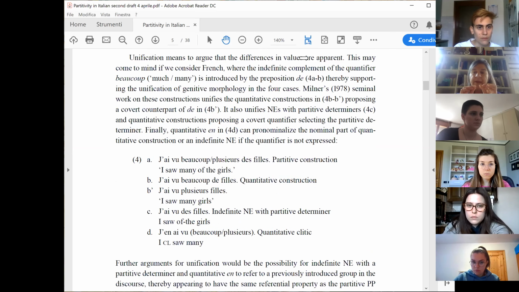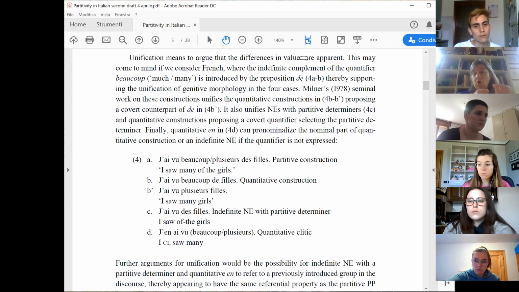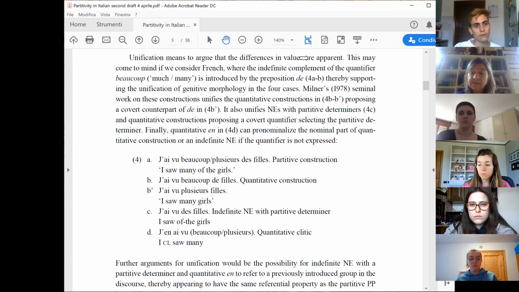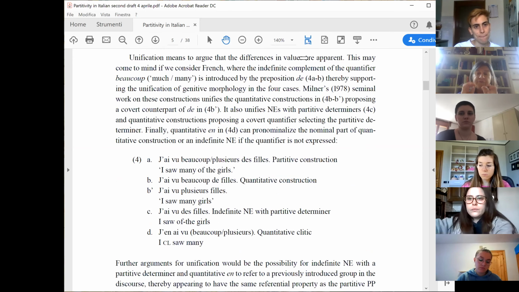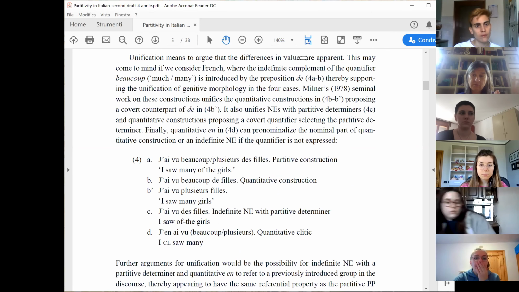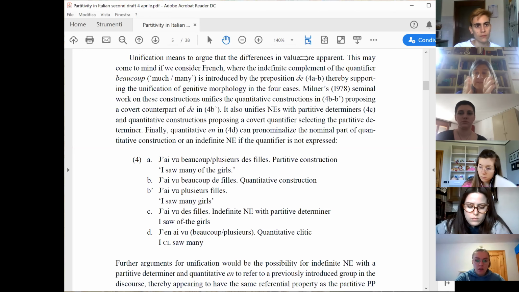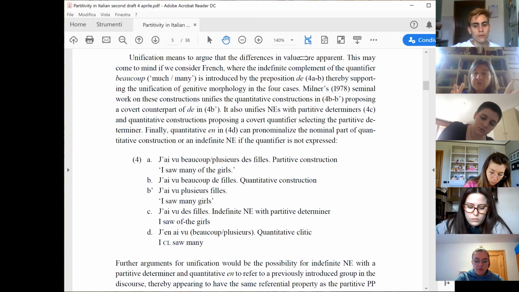Now, I already in the first paper talked about French a lot, mentioning French examples, and sometimes only mentioning this has already been said for French, and I'm giving the data for Italian, which is not obvious, not necessarily. French de, du, de la, behave differently from Italian di plus article. Okay, and if some of you is interested, there is a huge literature on French.